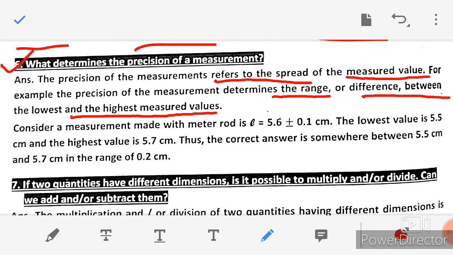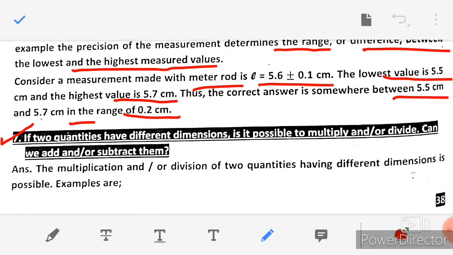Consider a measurement made with a meter rod, L = 5.6 ± 0.1 centimeter. The lowest value is 5.5 centimeter and the highest value is 5.7 centimeter. The correct answer is somewhere between 5.5 and 5.7 centimeter.